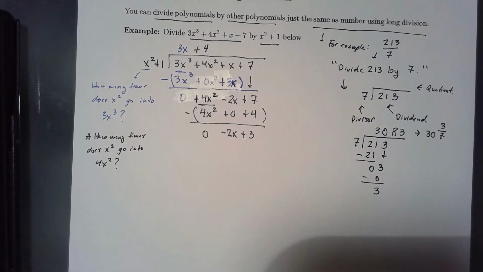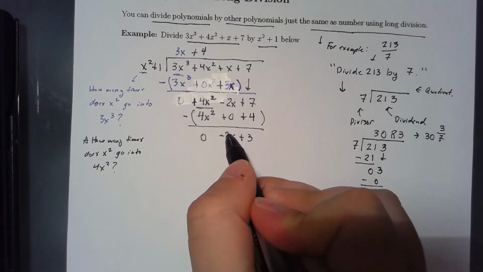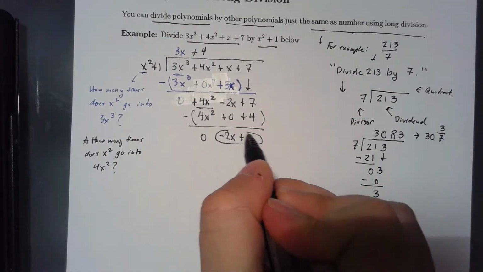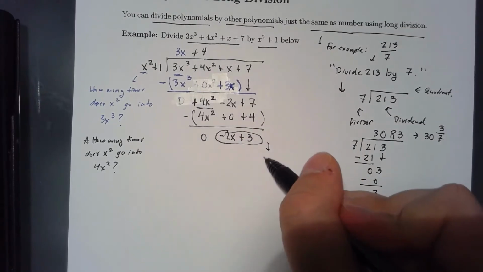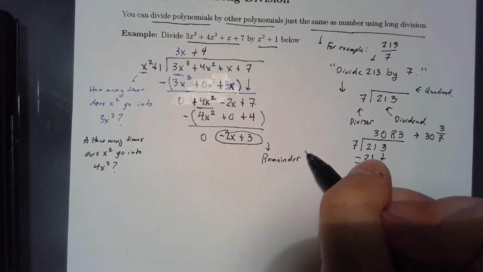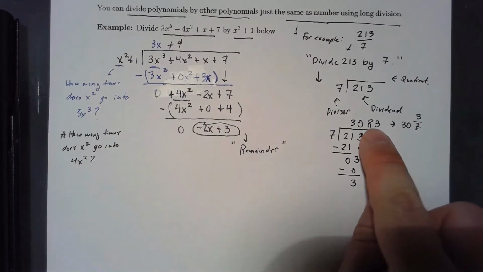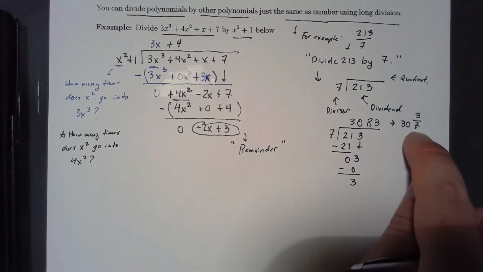Okay. Since I have nothing else left to bring down, what do you think the negative 2x plus 3 is? That's my remainder. So how do we write the remainder? Well, we don't write remainder. We write the remainder over the divisor, right?